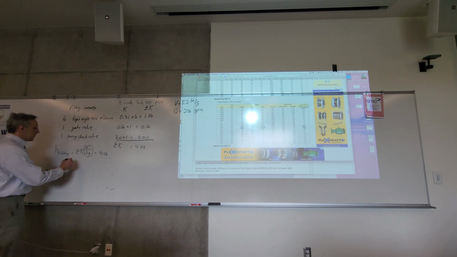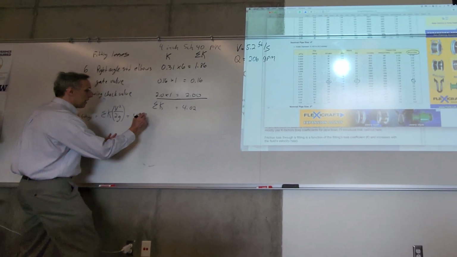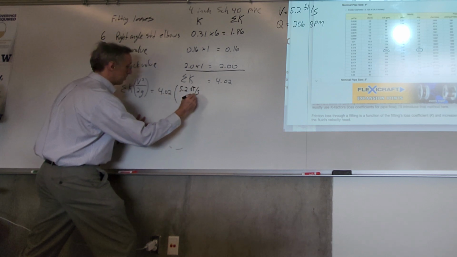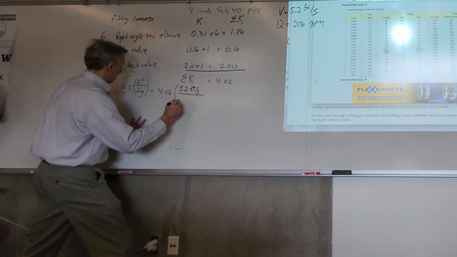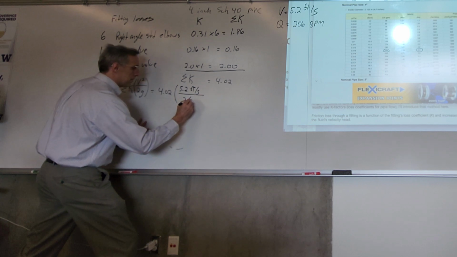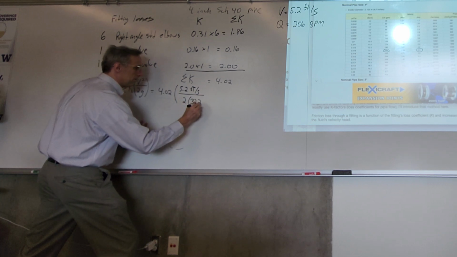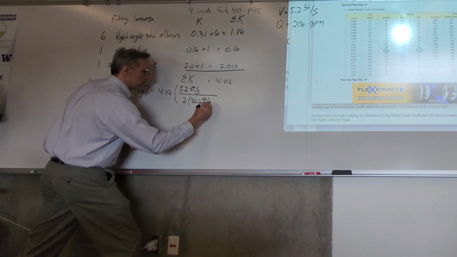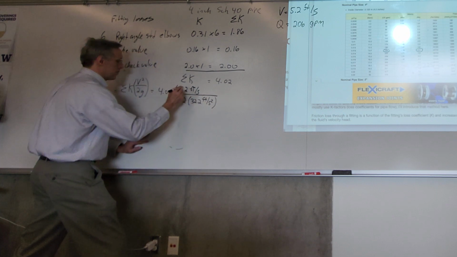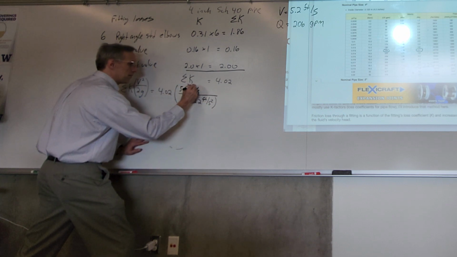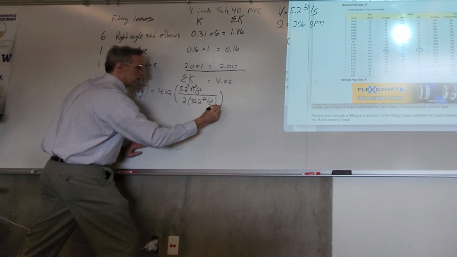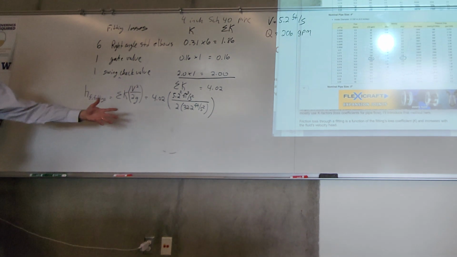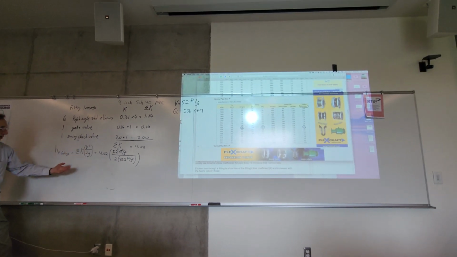So we can just plug this in. Our velocity is 5.2 feet per second, squared, over 2 times 32.2 feet per second squared. You can see that's going to give us feet of water because this comes out in units of head.